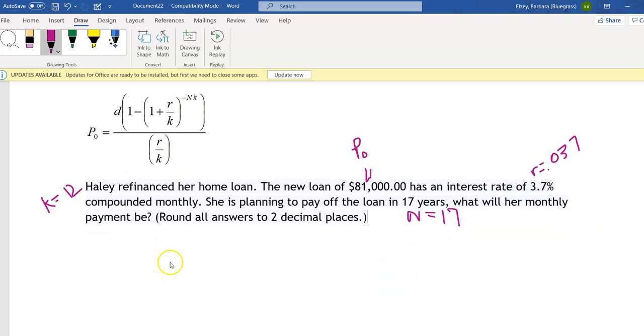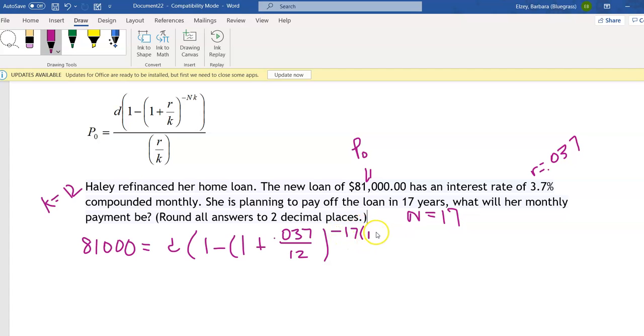Okay, so let's plug in. We're going to have 81,000 equals D, 1 minus 1 plus 0.037 divided by 12 raised to the negative 17 times 12, over 0.037 over 12.